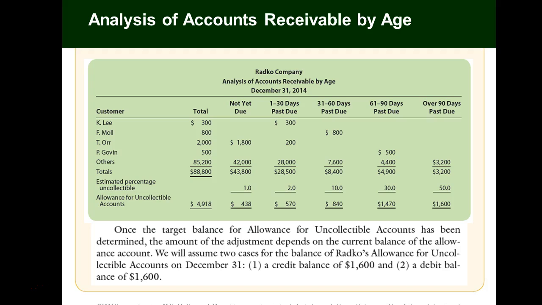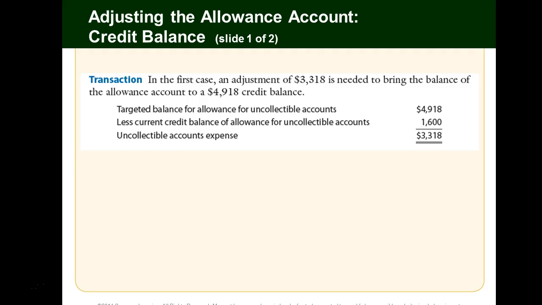So in doing this aging method, we have determined, based on these percentages, that the balance of the allowance should be $4,918. Now, if prior to doing this exercise, there is a credit balance of $1,600 sitting in their allowance already, we're going to want to create an adjustment for the difference to come up with the $4,918.